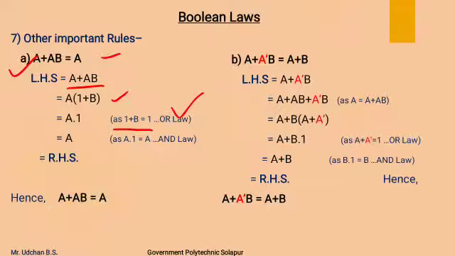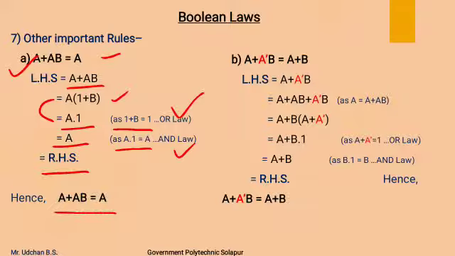So we can write this as A into 1. Again A into 1 will give you A as per AND law. So A into 1 can be written as A, which is nothing but the right hand side of our equation. So we can write A plus AB as A.